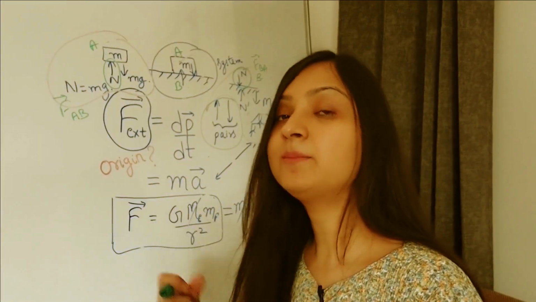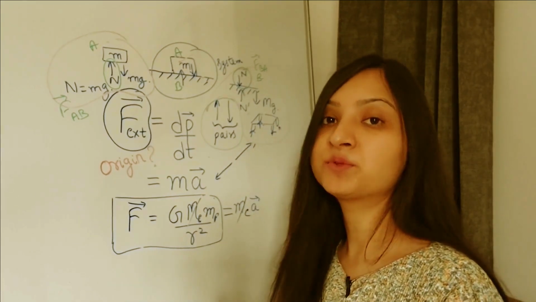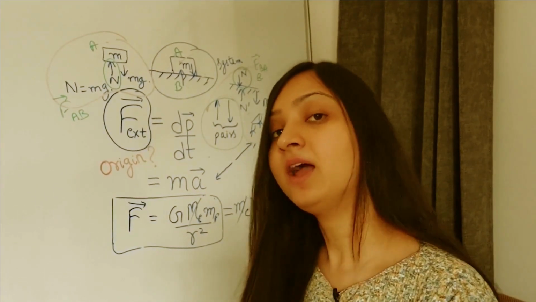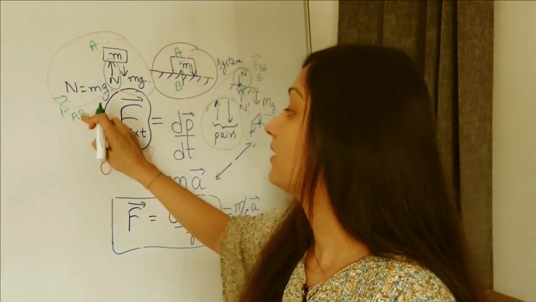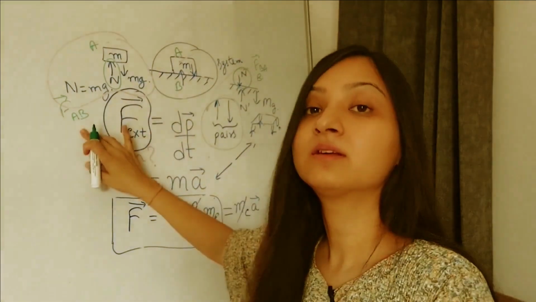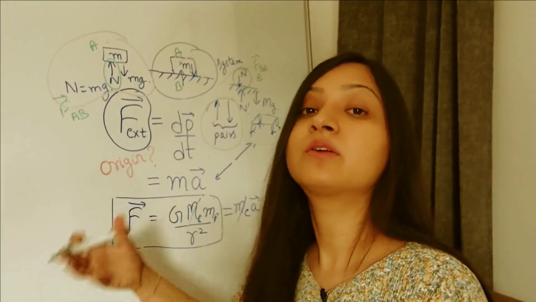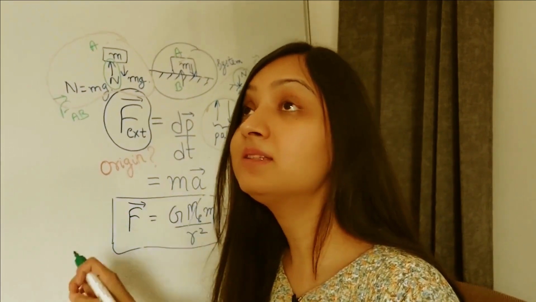Now this statement can be misleading. To every action there is equal and opposite reaction. You might think that first action has to take place and only then the reaction comes. Here you need to know that these two forces, the action and reaction pairs, occur at the same instant.